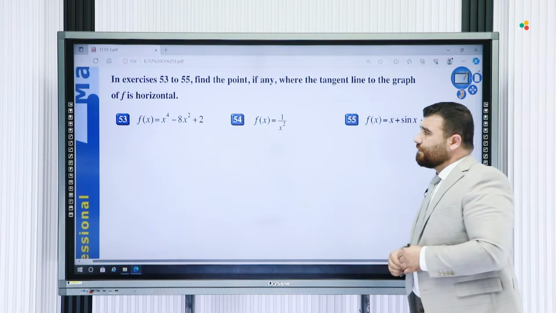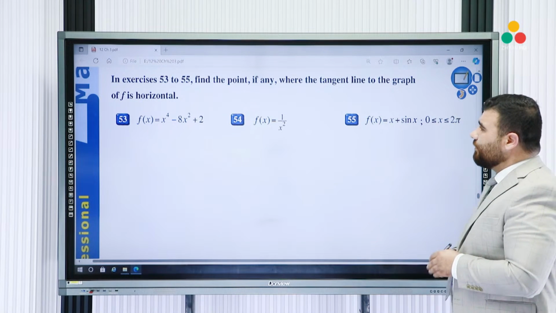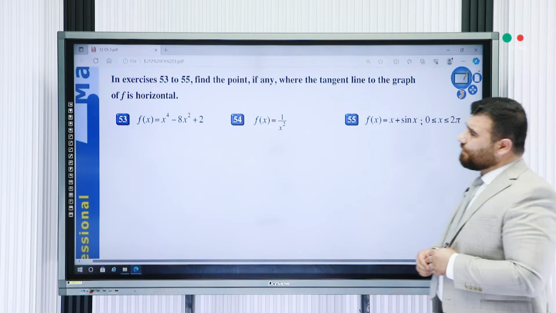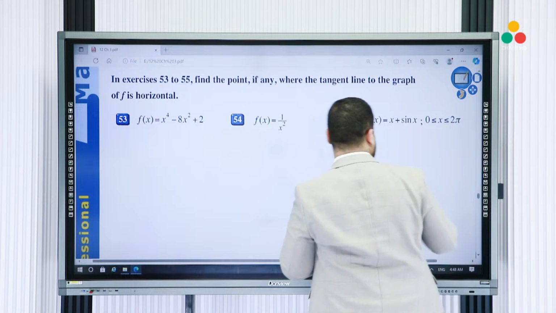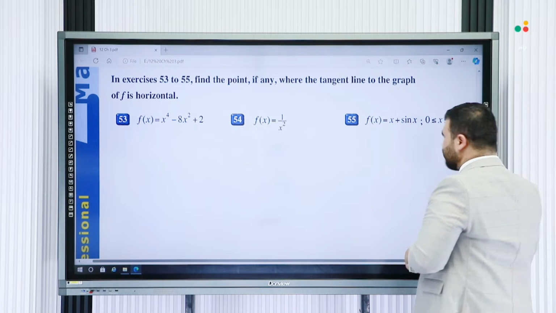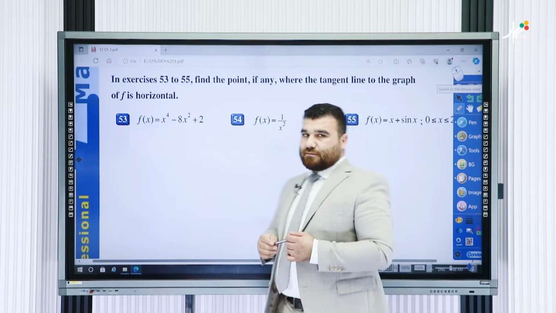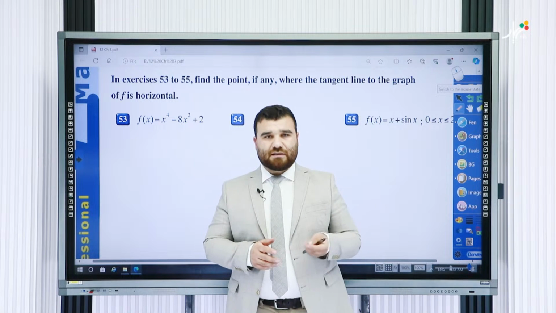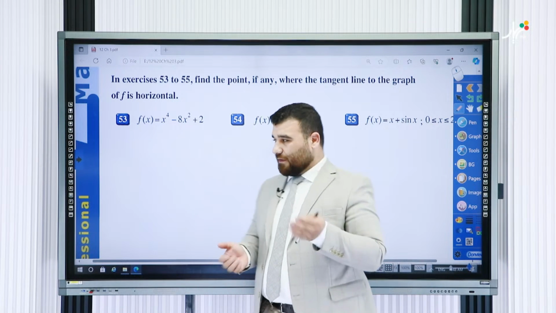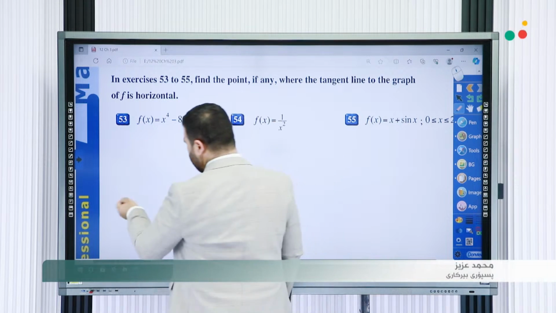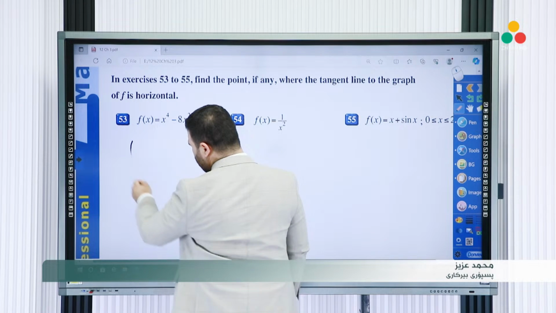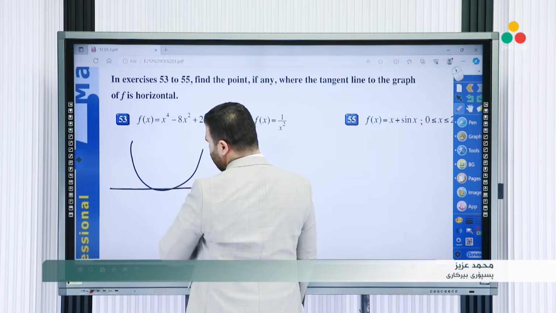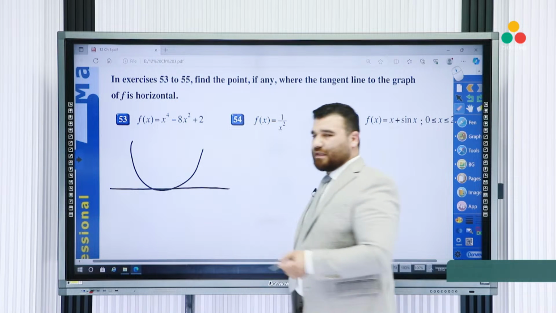In exercises 53 to 55, find the point, if any, where the tangent line to the graph is horizontal. That's a good question. The tangent is horizontal. As you know, a tangent line is a straight line. If a straight line is horizontal, let's say this is a curve. If the tangent line is horizontal, what does that mean?